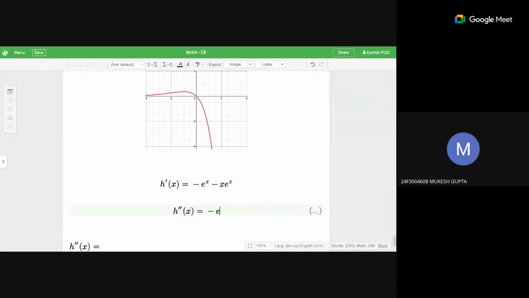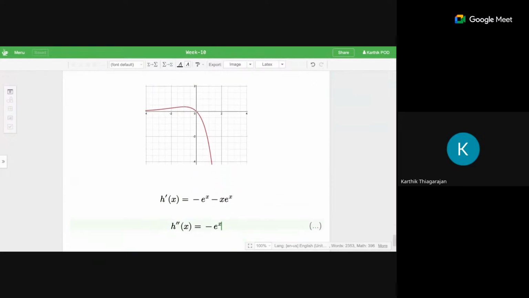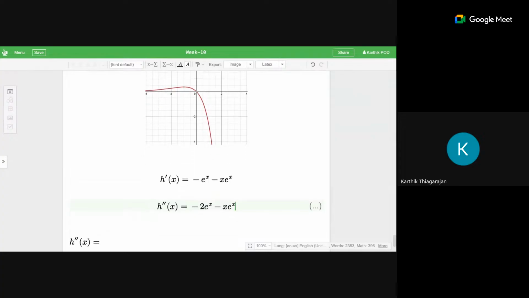Minus e to power x minus e to power x minus x e power x. The same thing repeated again. So is it correct? Minus 2 e power x minus x e power x. Yes, sir.